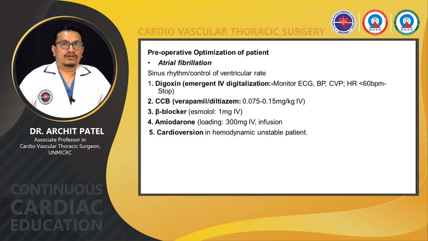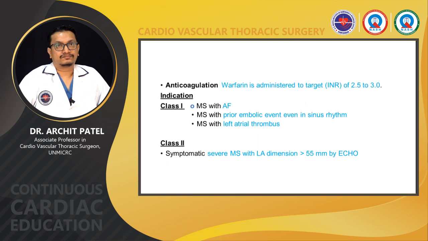Pre-operative optimization of patients. If the patient is in AF, then we try to revert the patient to sinus rhythm or we control the ventricular rate with injectables, digoxin, or in oral forms, calcium channel blockers, beta blockers, amiodarone or cardioversion.